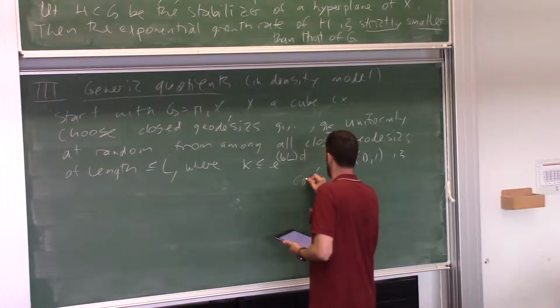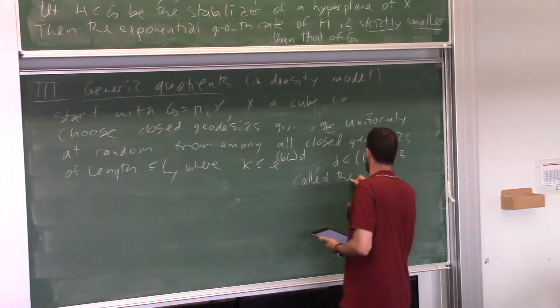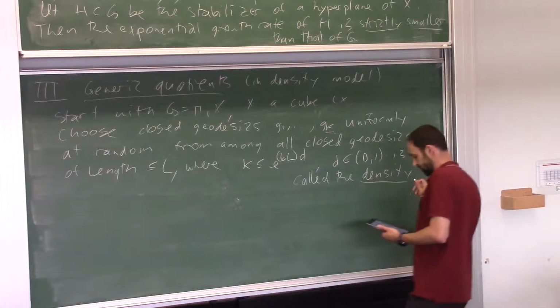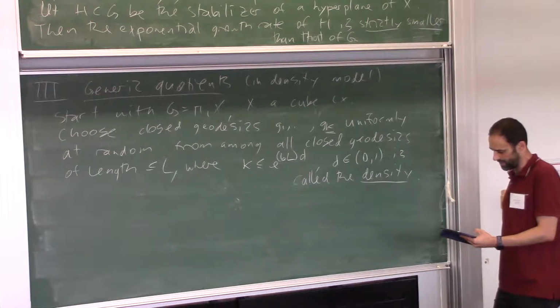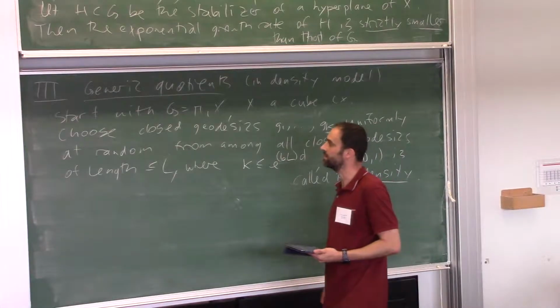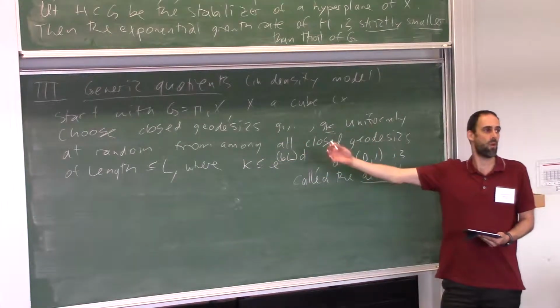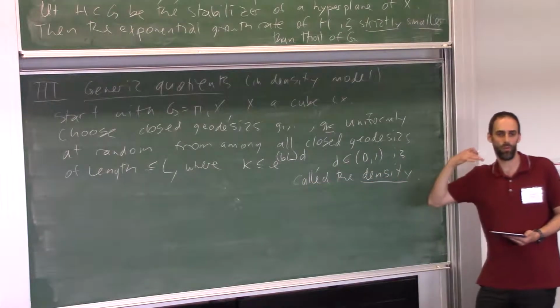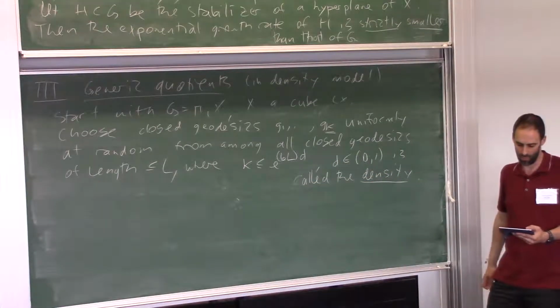It's called density. So this is the Gromov density model of random groups. And then we're going to be making probabilistic statements about, at various densities, what sort of conclusions hold with large probability for the quotient.